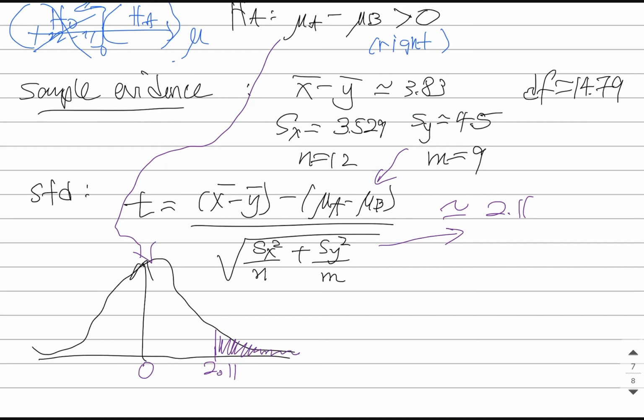Because this is a right-tailed test, we are asking the question, what's the chance that I would see a sample with these statistics if the center of the distribution really was at 0? And if we go ahead and calculate this, we would get 0.02596.